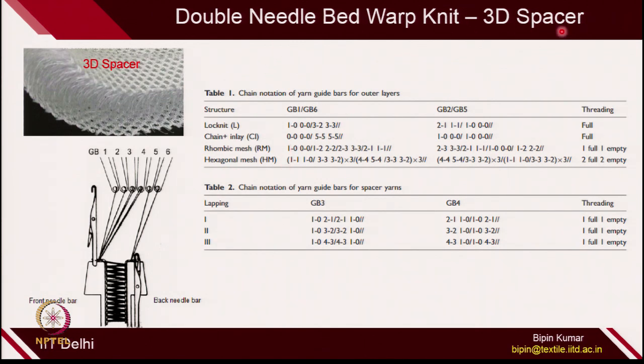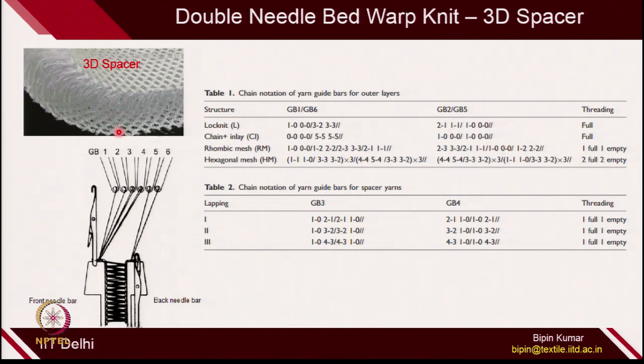In double bed warp knit structure, 6 guide bars are used and 2 beds are used. On the first bed you can make any type of structure, it could be a lock knit, a rhombic mesh, or a hexagonal mesh. And on the other side, on the back bed also, you can choose any type of structure. These are the lapping plans.